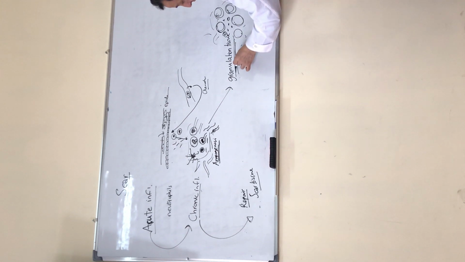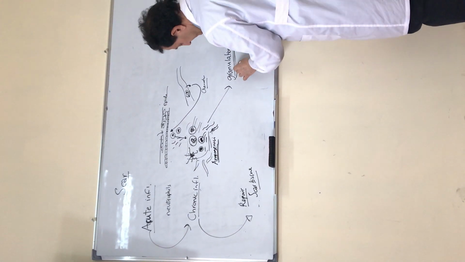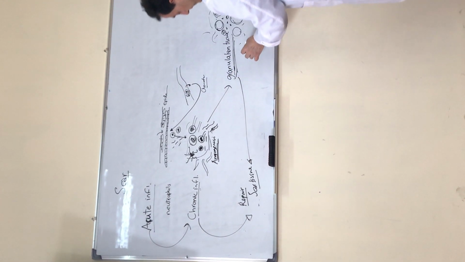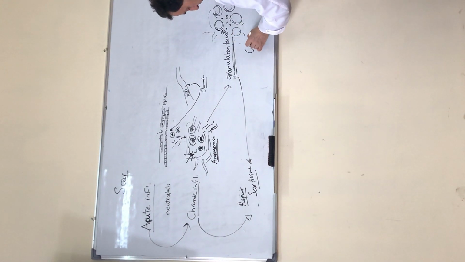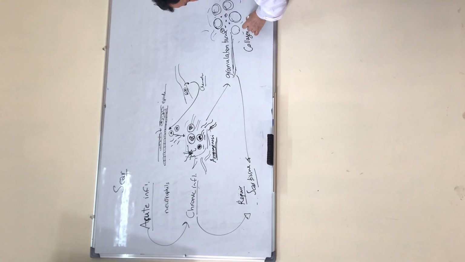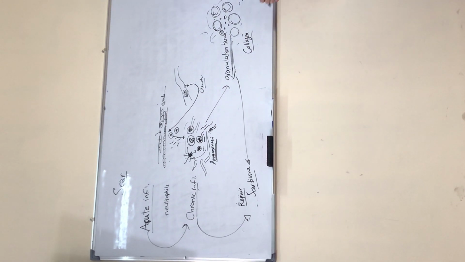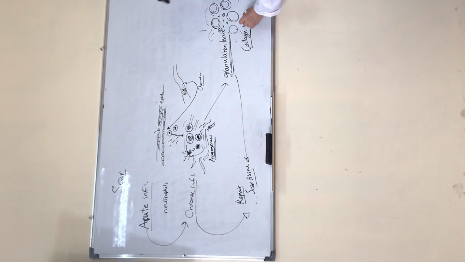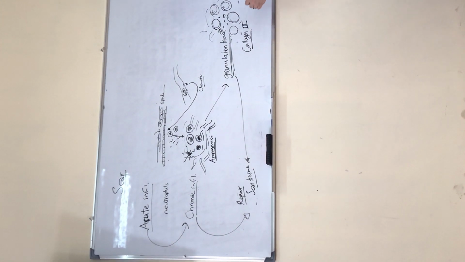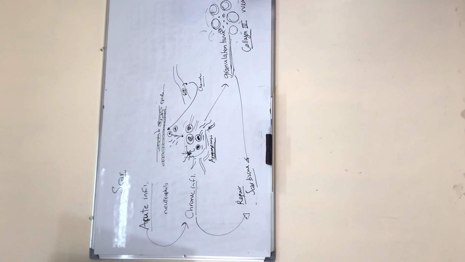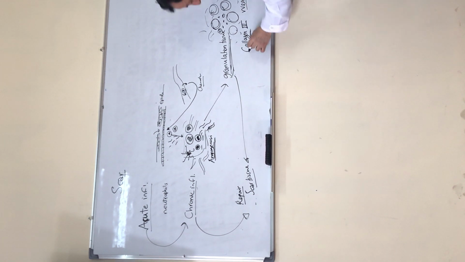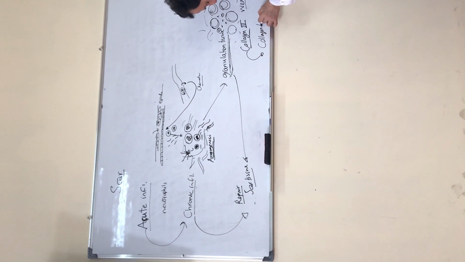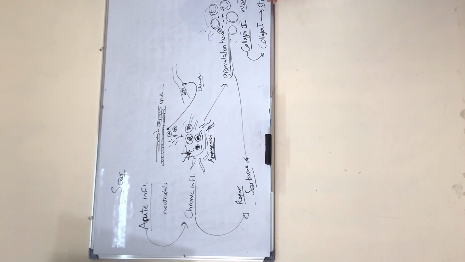Then this granulation tissue is changed to scar tissue. By what? By formation of collagen. But collagen has some types. First, collagen type 3 is formed, which is weak, is not strong enough. And little by little, this collagen is changed to collagen type 1, which is the strong type of collagen.